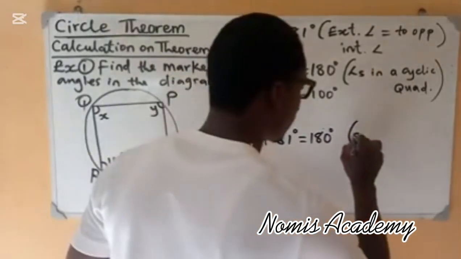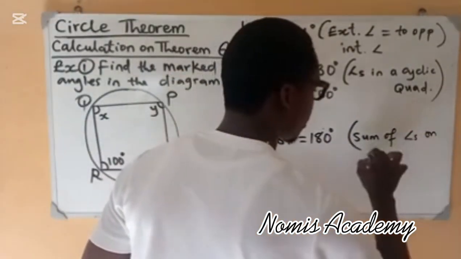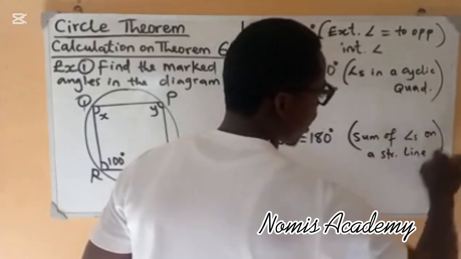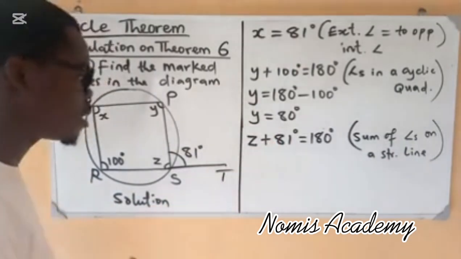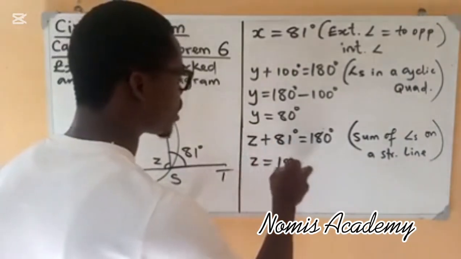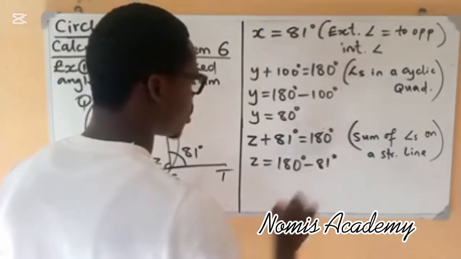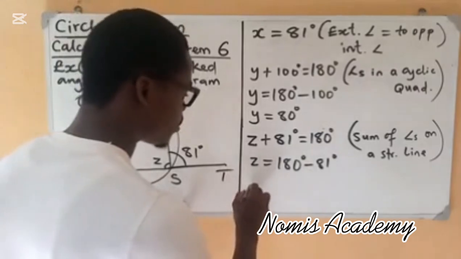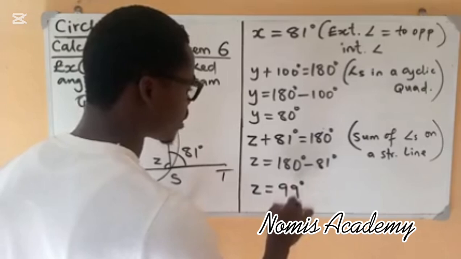So we say sum of angles on a straight line is 180 degrees. So Z is equal to 180 degrees minus 81 degrees. So the final answer there is going to be Z is equal to 99 degrees.